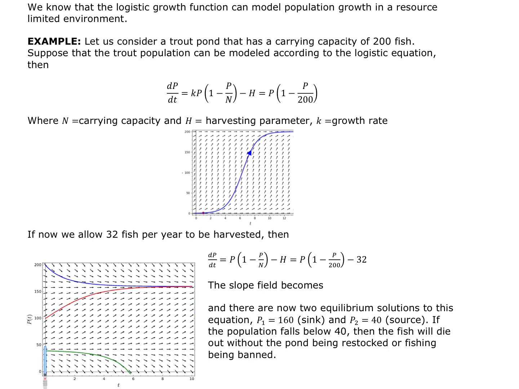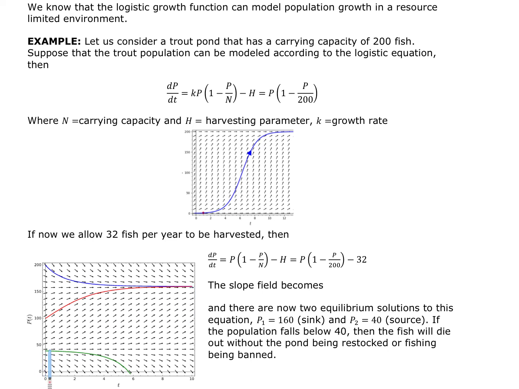If I have between 40 and 160 fish, it will also come up and reach 160 fish. This is a sink. This is a nice stable equilibrium.